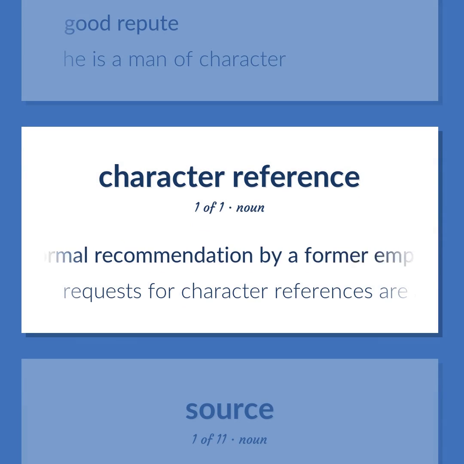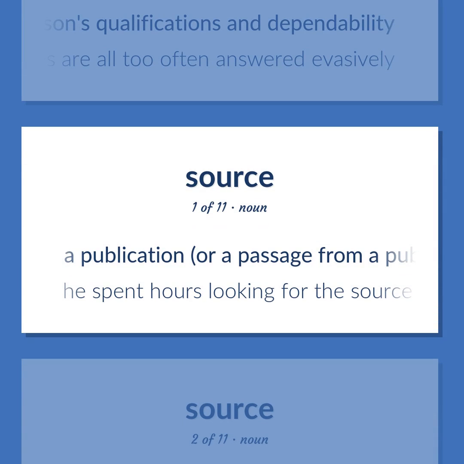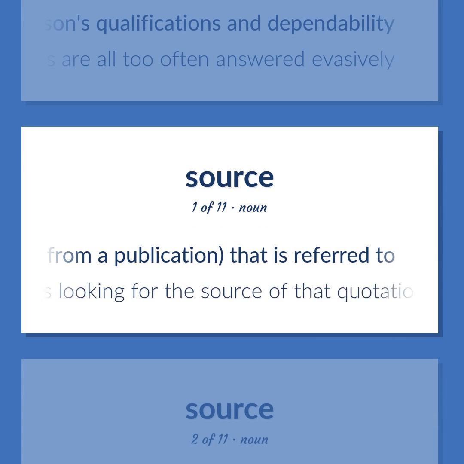A formal recommendation by a former employer to a potential future employer describing the person's qualifications and dependability. Requests for character references are all too often answered evasively. A publication, or a passage from a publication, that is referred to. He spent hours looking for the source of that quotation.